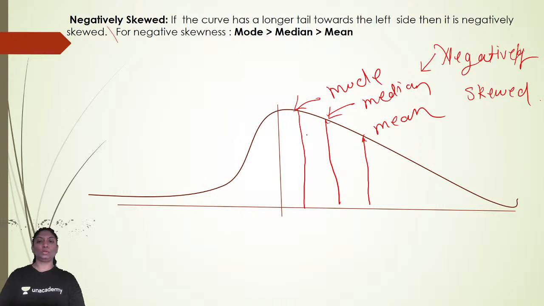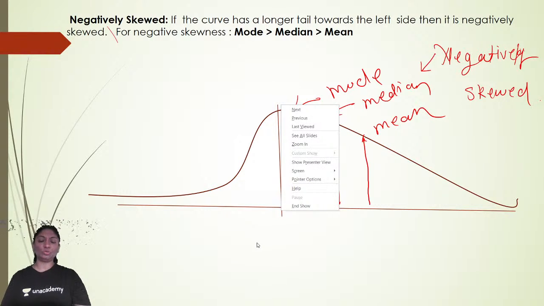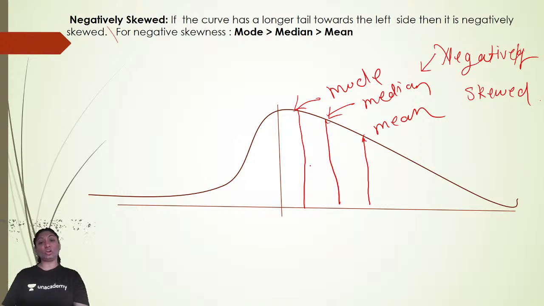I hope you understood this concept, positively skewed and negatively skewed. As I told you, the central value is considered with the normal distribution. We assume that the normal distribution has zero skew, because it is equally distributed.